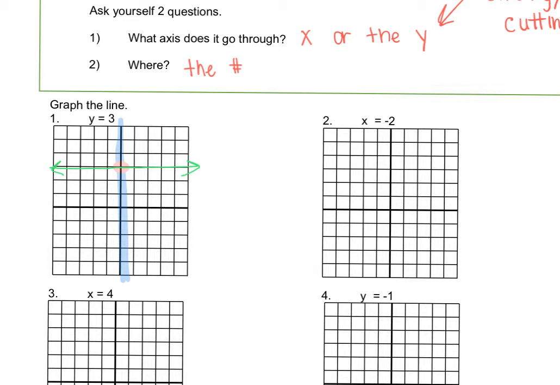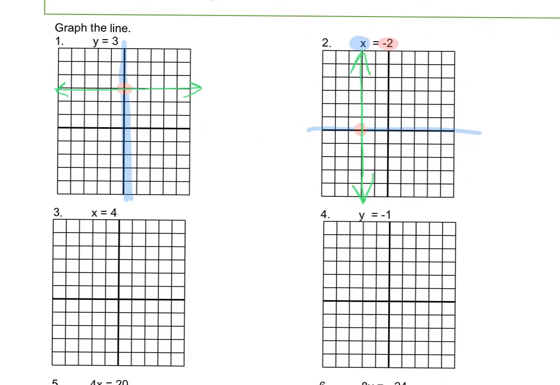Okay, so number 2, what axis does it go through? It goes through the x. Where does it go through it? At -2, which means it looks like that. And you're done. Number 3. What axis does it go through? The x. Where?